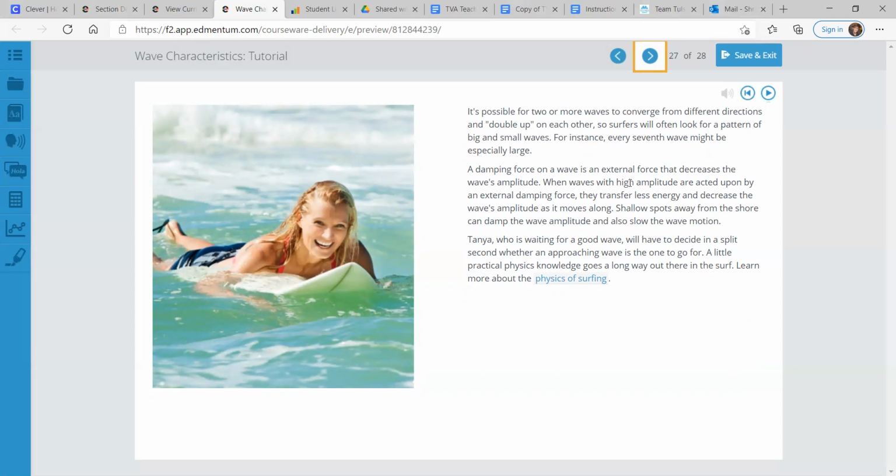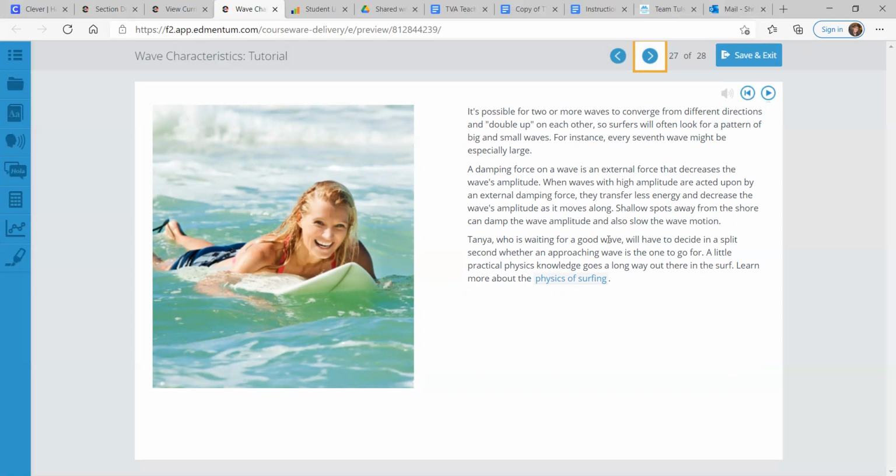Shallow spots away from the shore can damp the wave amplitude and also slow the wave motion. Tanya, who is waiting for a good wave, will have to decide in a split second whether an approaching wave is the one to go for. A little practical physics knowledge can go a long way if you decide to surf.